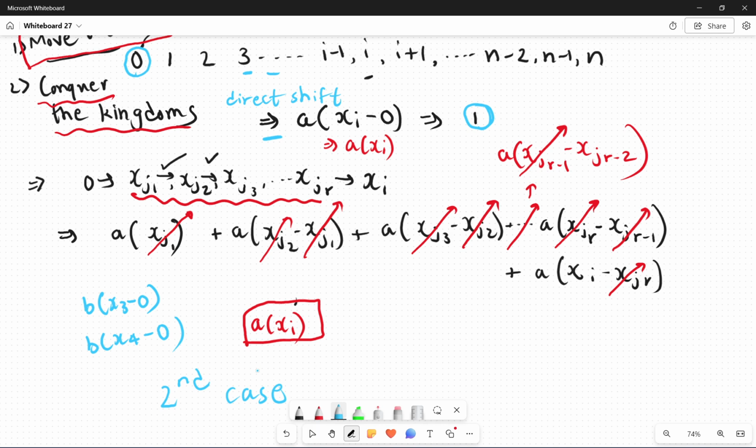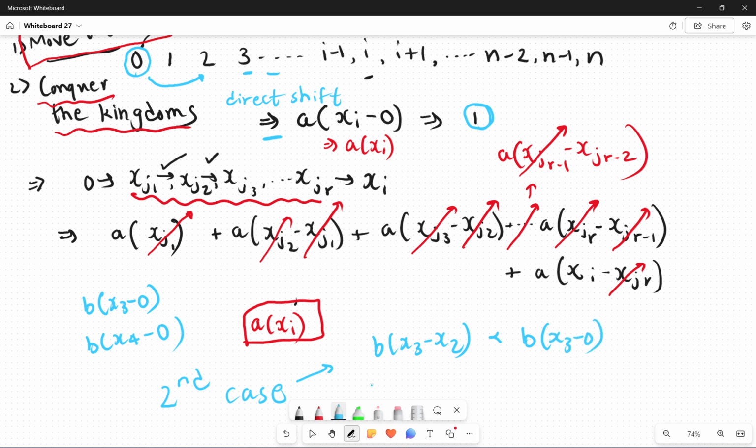So basically in the second case, you can see that when you shift the capital to, suppose, the second index, to conquer the kingdom on the third index you will need b into x3 minus x2, which is definitely strictly less than b into x3 minus 0.